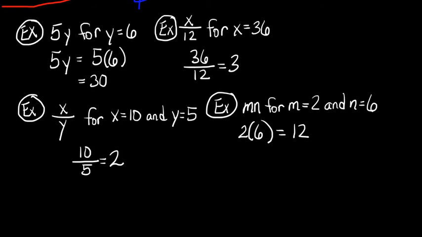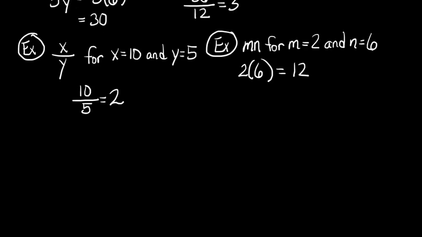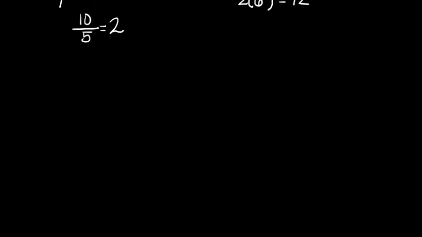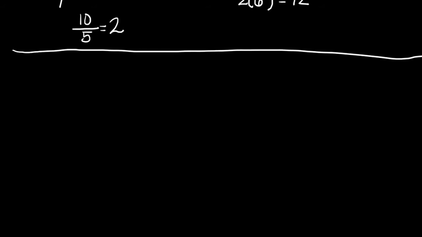Let me talk to you now about what types of numbers we're going to be dealing with. I'm going to draw a line here to separate this. What types of numbers we'll be using in algebra. I'm going to change colors for you and try not to change my brush size at the same time.